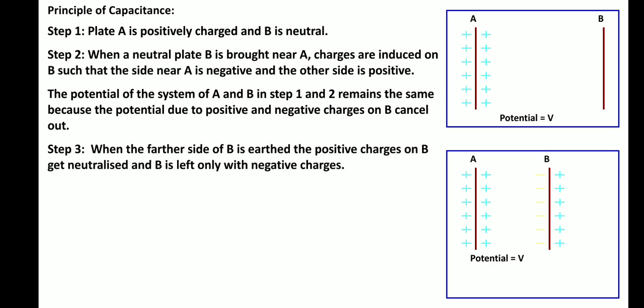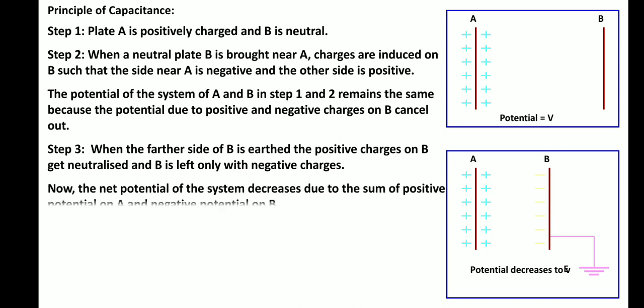Then when you earth the positive plate B, look at the diagram, the positive charges go to the earth, so that the positive charge on plate B is neutralized and B is left with only negative charges.